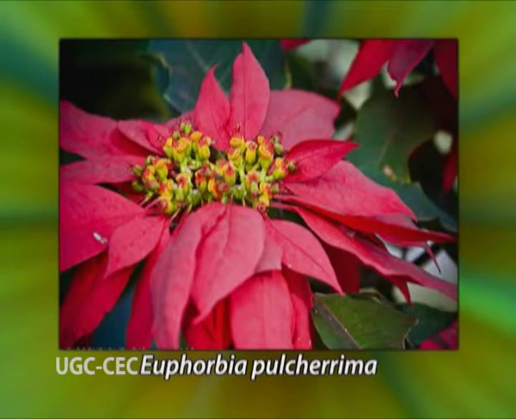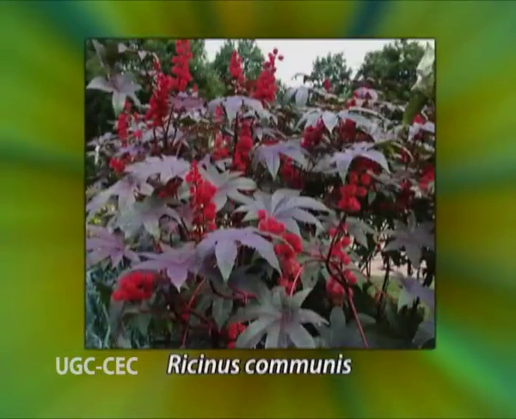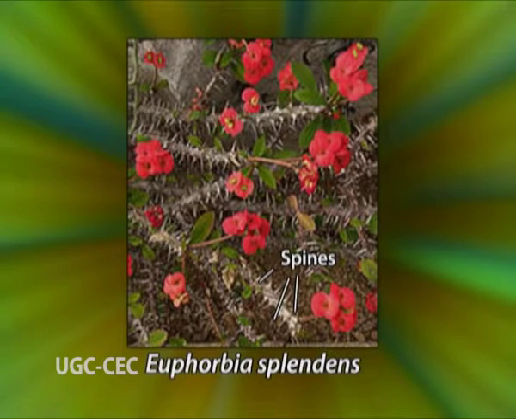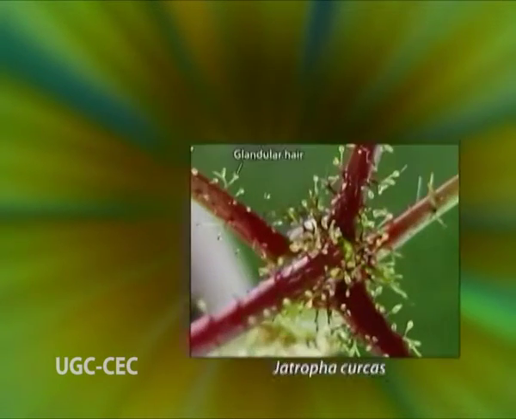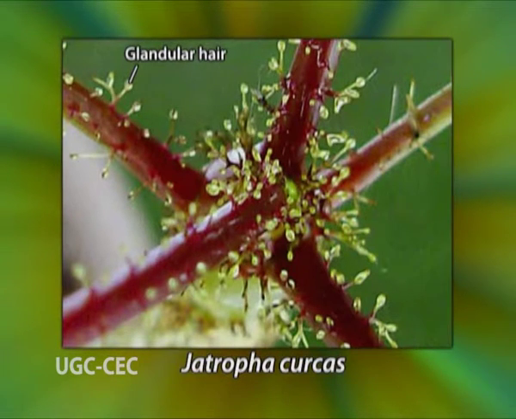The leaves around the cyathium become colored, example Euphorbia pulcherrima, usually stipulate or rarely exstipulate, example Ricinus communis. The stipules are sometimes modified into a pair of spines, example Euphorbia splendens, or glandular hairs, example Jatropha curcas.